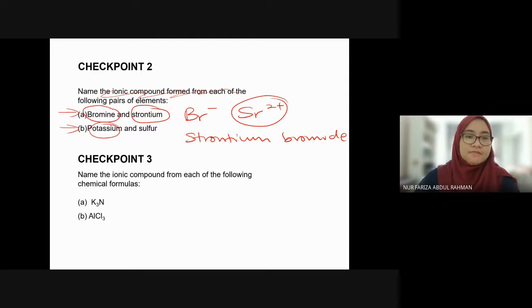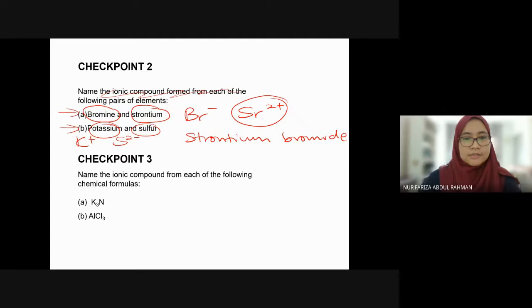Same goes to B. Potassium comes from group 1, so the charge is K+. This is the chemical formula of the cation. And then we have sulfur, where the charge is S2-.